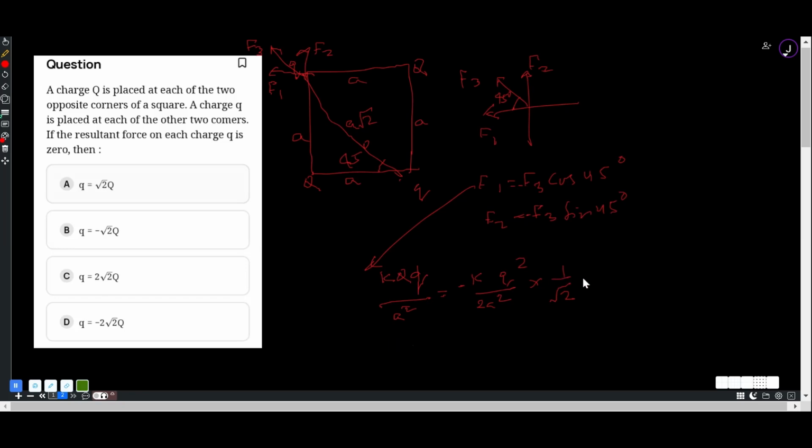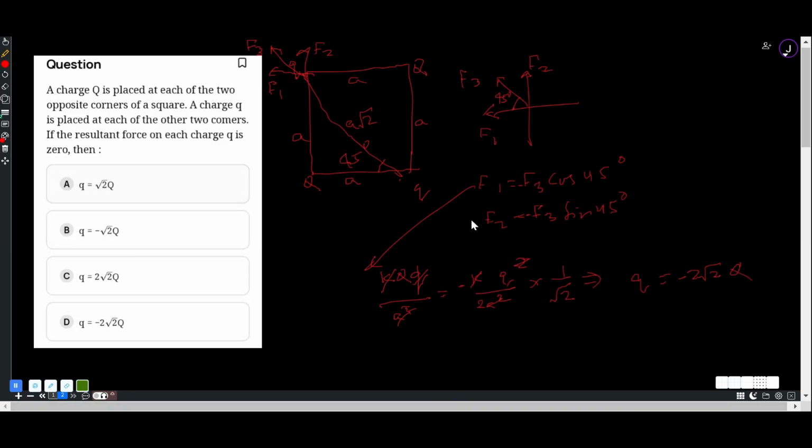And we have the formula F is equal to 1 by 4 pi epsilon 0, or K, Q1 Q2 over r square, where r is the distance. From this equation we strike out K, which is on both sides, and one small q. So we are left with Q is equal to minus 2 root 2 small q.